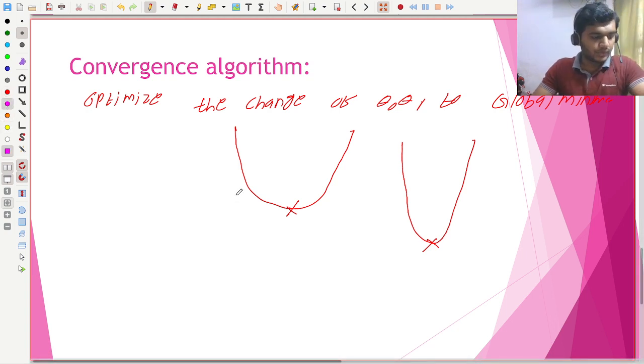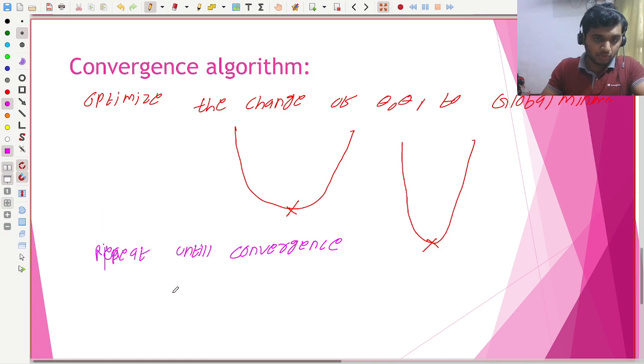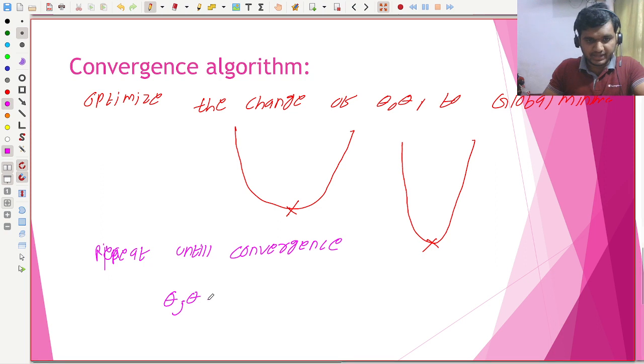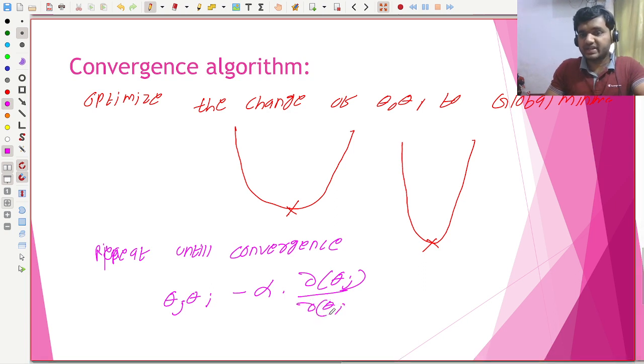So, repeat until convergence. Repeat until you find the global minima, that is convergence. This formula is theta j equals theta j minus alpha times del J by del theta j.